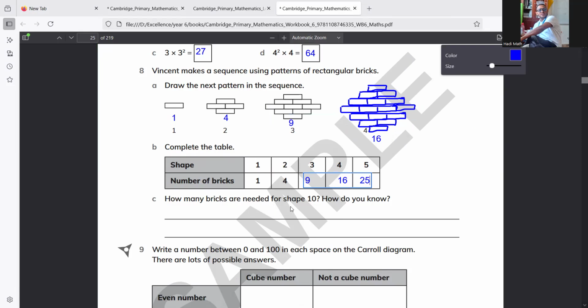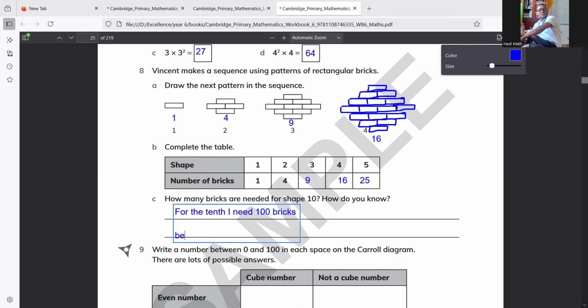How many bricks are needed for the tenth shape, and how do you know? Okay, for the tenth, I need 100 bricks. Okay, how do I know?